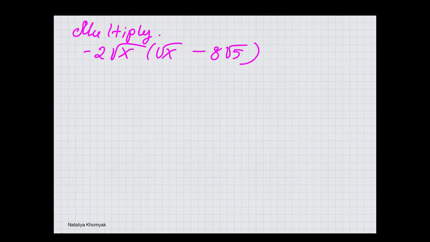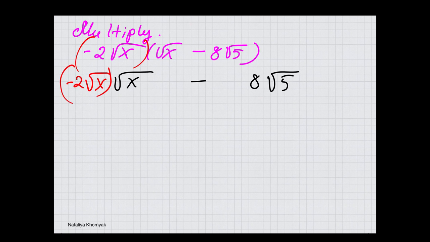Here we have negative 2 radical x times the difference between square root of x and 8 radical 5. So the first thing is to rewrite the inside of the parentheses, square root of x minus 8 radical 5, distributing this negative 2 radical x.